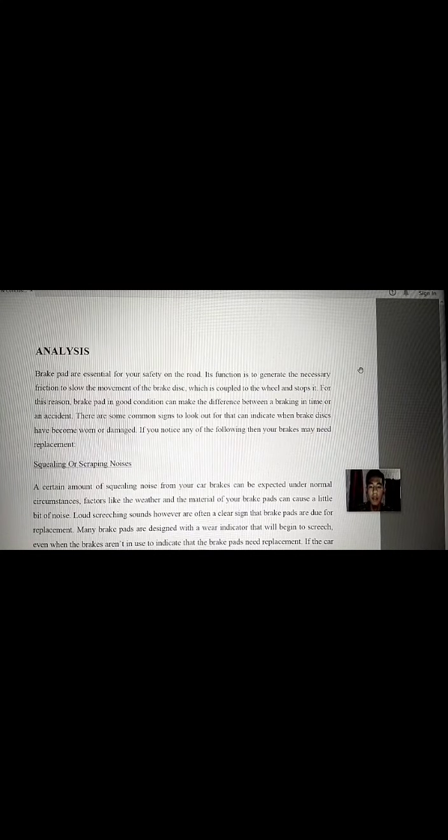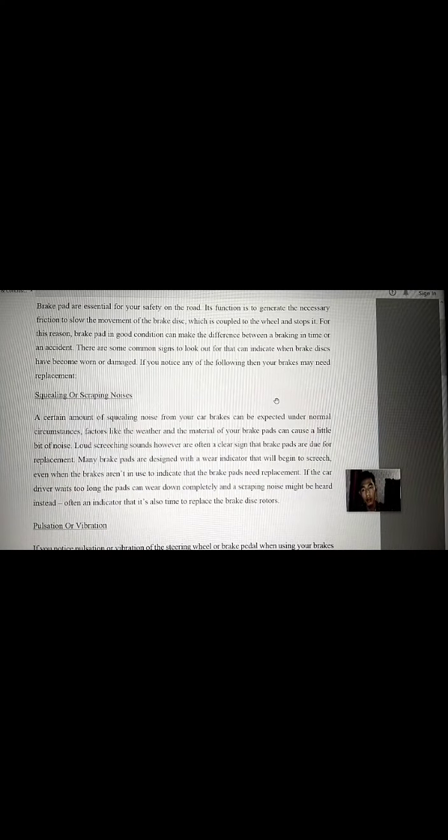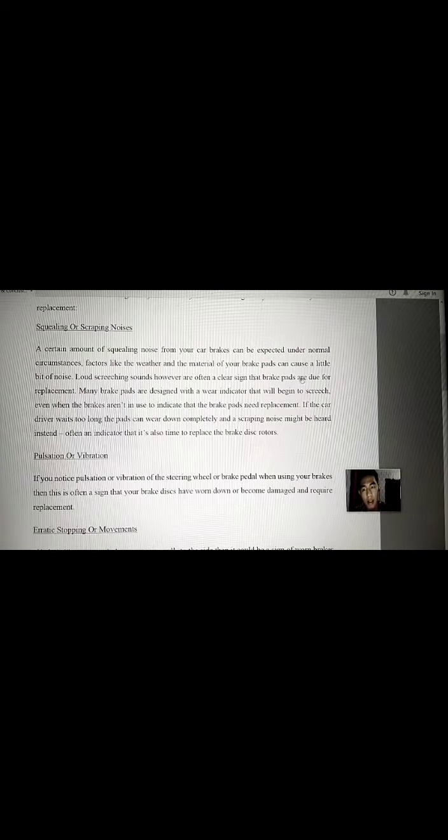There are some common signs to look out for that can indicate when brake pads have become worn or damaged. You can notice any of the following when your brakes may need replacement. First, squealing or scraping noise.